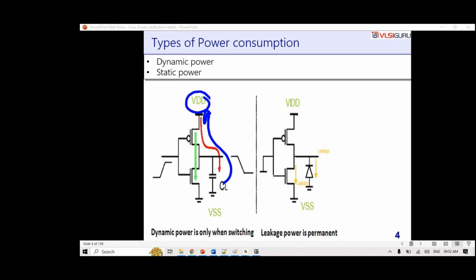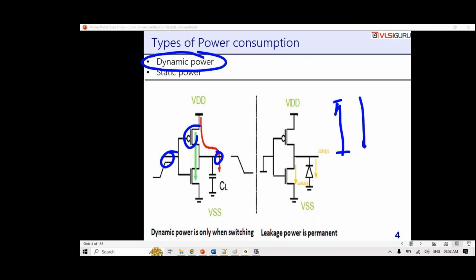That doesn't happen. There is another type of power consumption that happens in the same thing. In the dynamic power, when you are switching, there is a period of time. The switching doesn't happen from 0 to 1, or 1 to 0, immediately. It goes through a ramp up, and comes down a ramp.